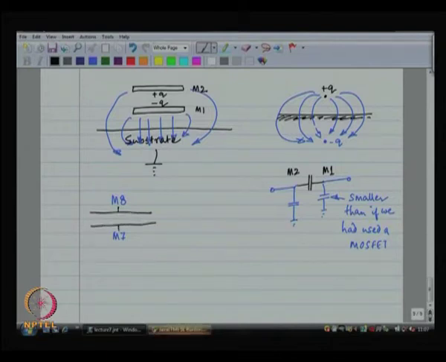So, metal 7 is presumably much further away from the ground plane than metal 1, and metal 8 is much further away from the ground plane than metal 2. So, as a result the parasitics will be much lesser.